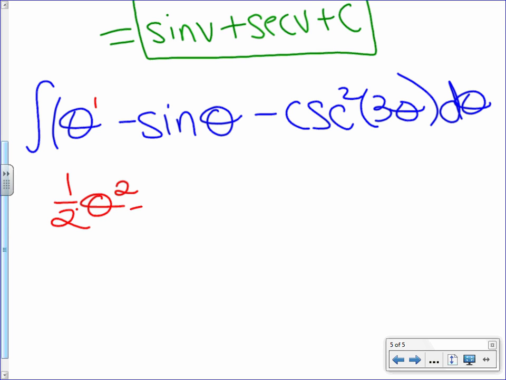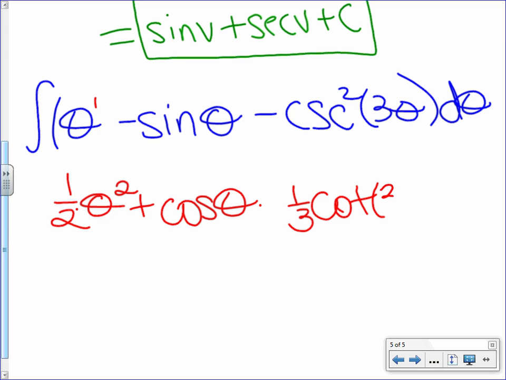Good job. Positive cosine theta. Negative cosecant squared is 3 theta. And 1/3. Let's go cotangent. Is it positive or negative? It's positive, because the antiderivative is negative, and it's already negative in there.